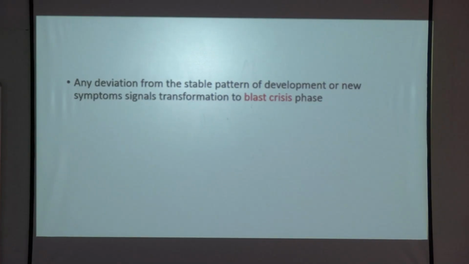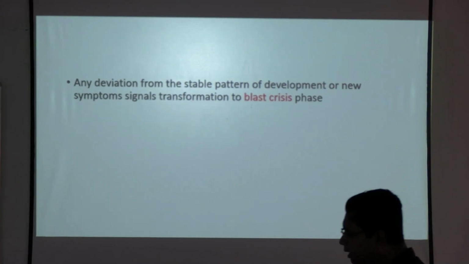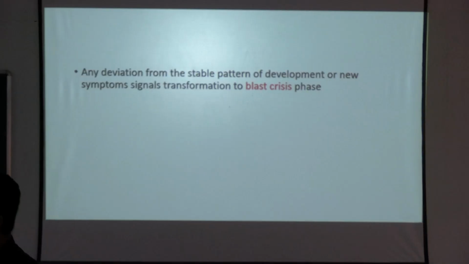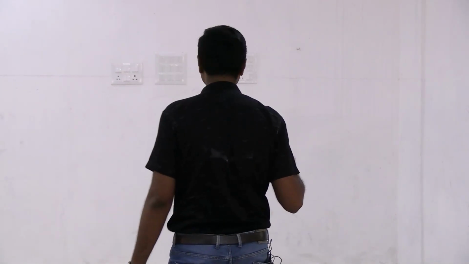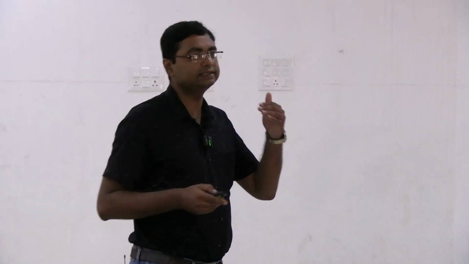Now any deviation from the stable pattern of development indicates that the patient is going into the accelerated phase or blast crisis phase. If the patient is in the blast crisis phase, the features will be similar to acute leukemia.